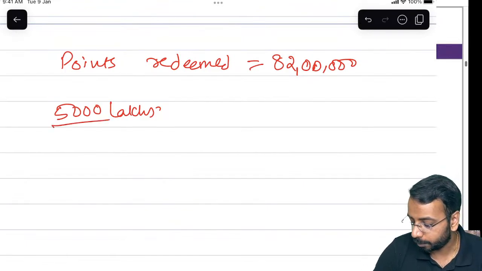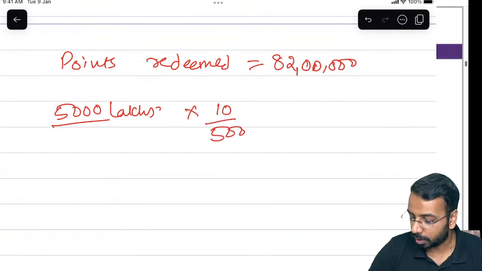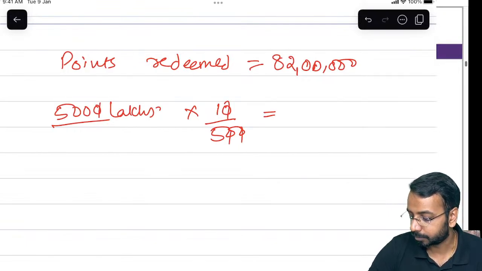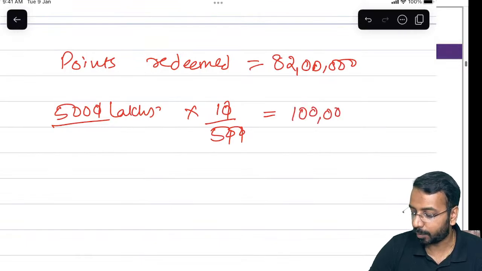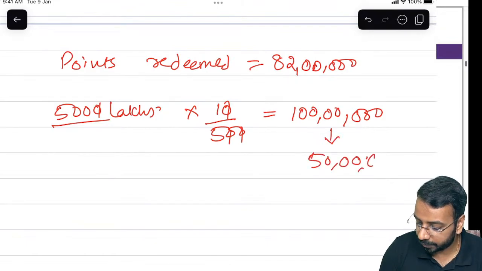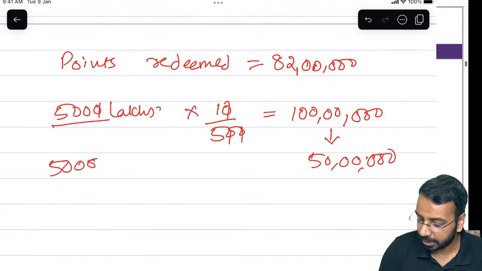We gave 10 out of 500, that is 100 lakh points. This 100 lakh points have a valuation of 50 lakhs. So 5,000 lakhs and 50 lakhs.